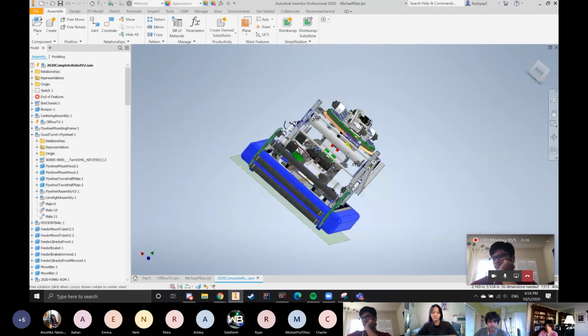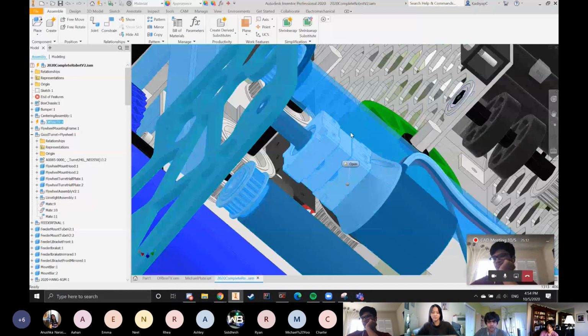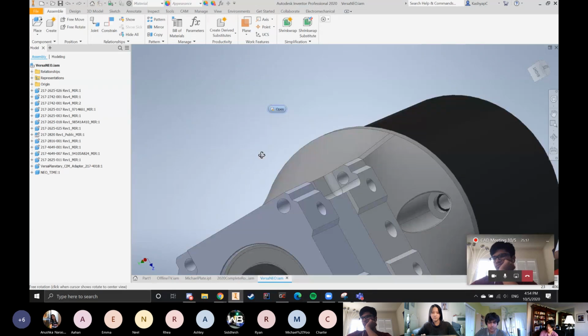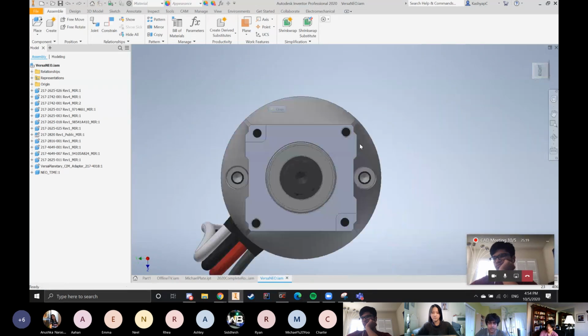If I come over here and open up this motor, you'll see on the face of the motor there's this pattern where the holes are 1.396 inches away from each other. It's actually closer to, I think, √2 inches from the center to here, or across.